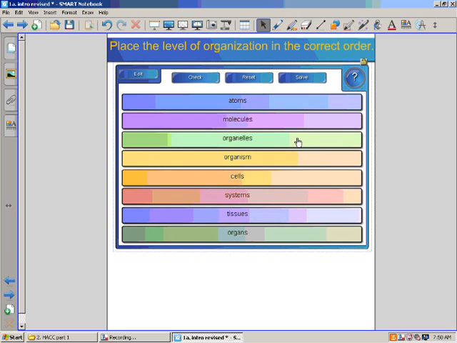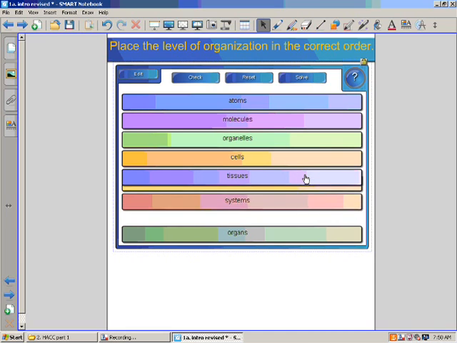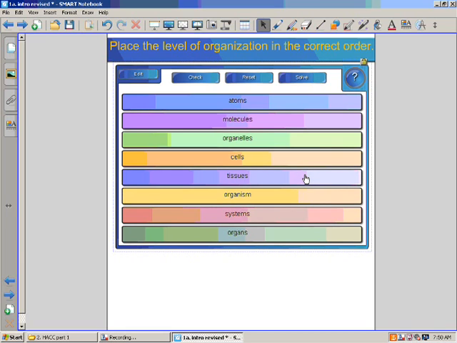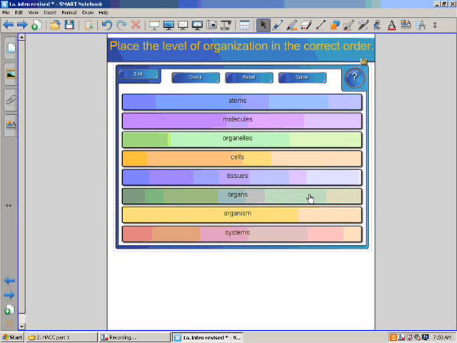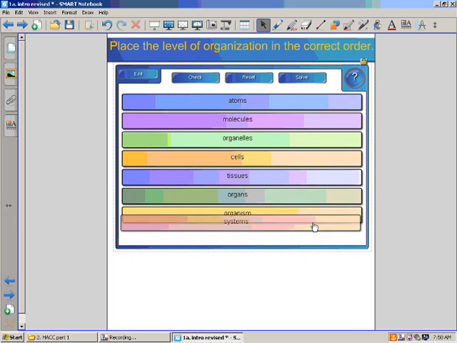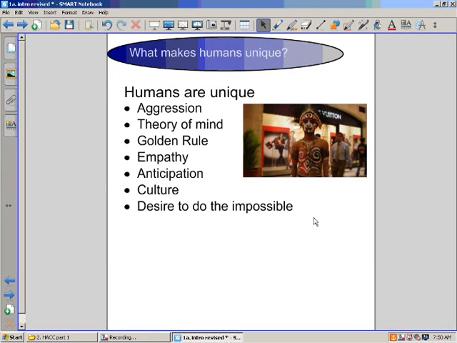Organelles will work together to support a cell. Cells will join together with similar cells to make a tissue. Tissues, different types of tissues will form organs. Organs working together will make a system, and the 11 human body systems together will make a person.